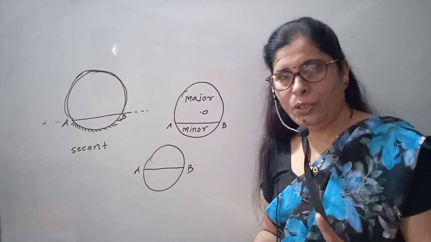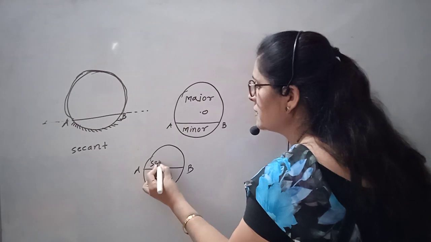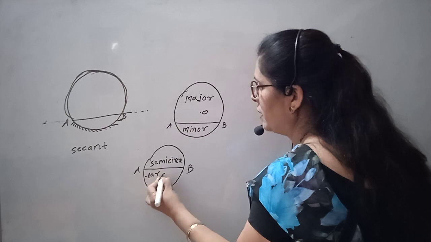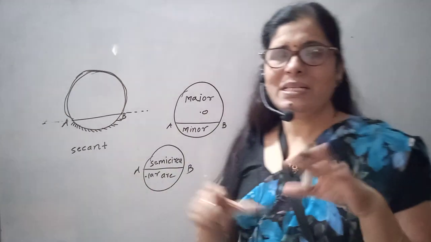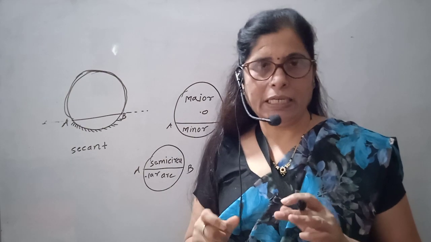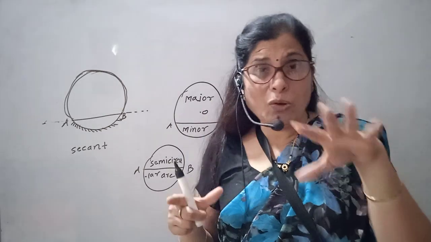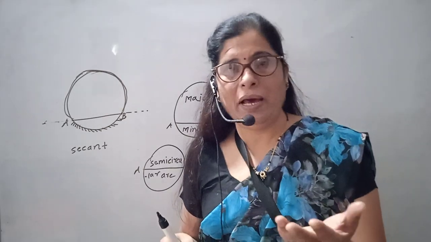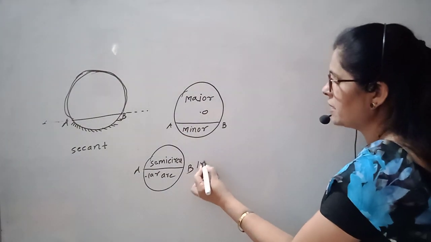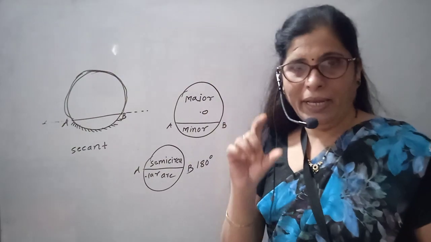Each part is again known as arc of the circle, but this is a semicircular arc. The measure of the circle is 360 degrees. It is divided in two equal parts, so the measure of each part is 180 degrees. Therefore, the measure of a semicircular arc is 180 degrees.